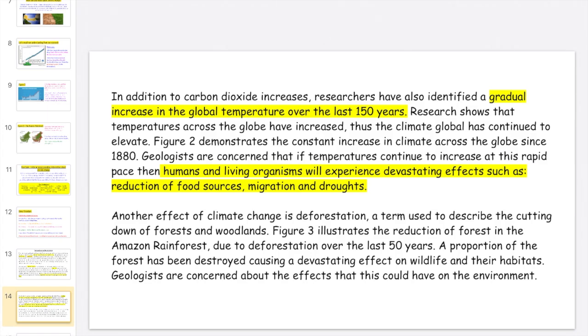I then showed them how to use the terminology. I then introduced cohesive devices using, in addition to carbon dioxide increases, as an opener. I then modelled how to use human and living organisms and including those to their sentence structure.